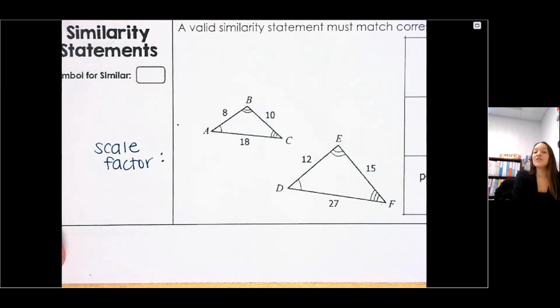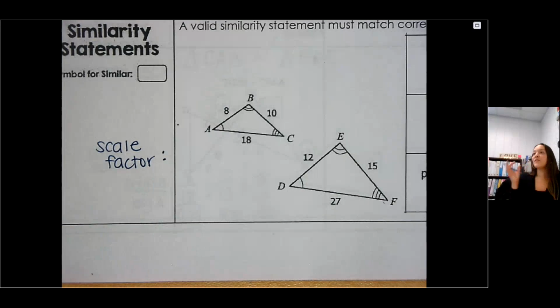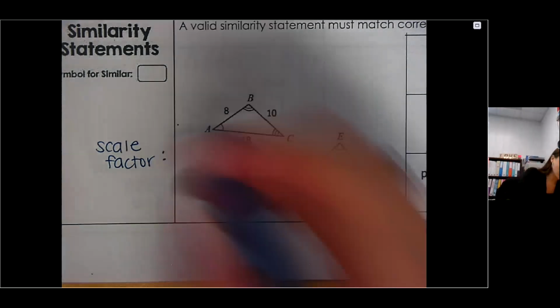The scale factor again just means you are dividing or making a ratio out of the side lengths, making a fraction. So what I'm going to do for my fraction, you can do it either way, I'm going to do the small triangle divided by the big triangle.